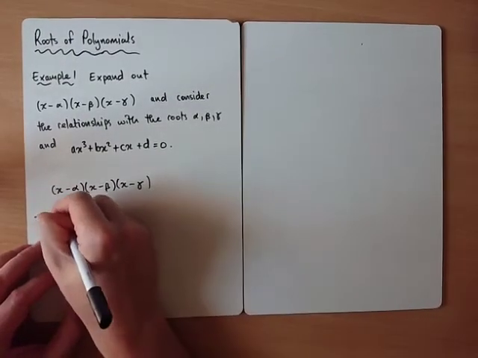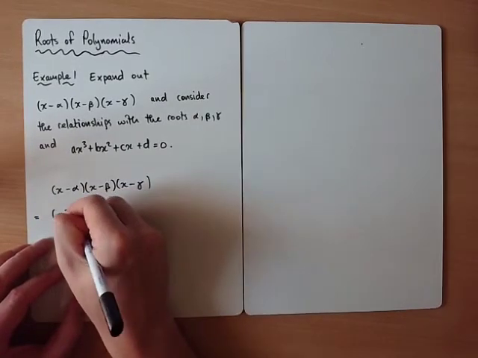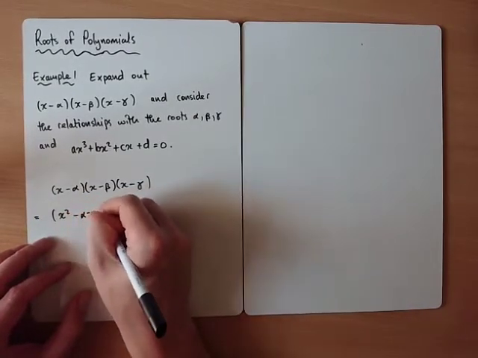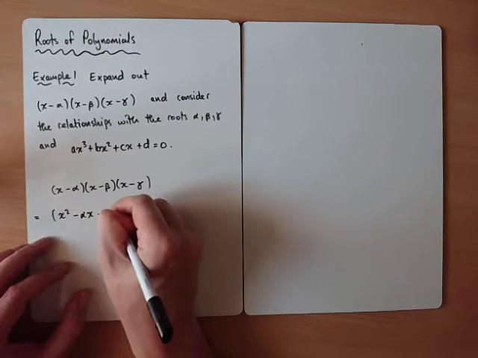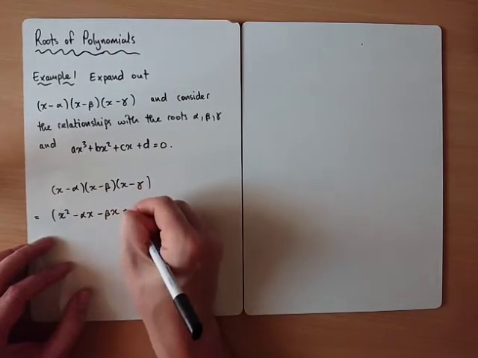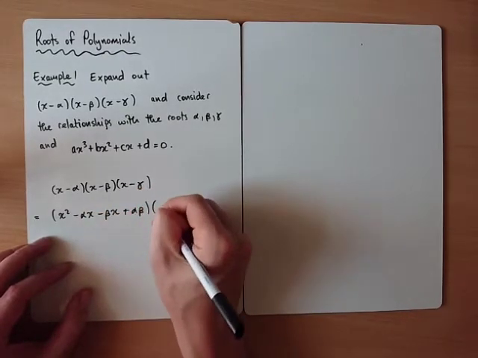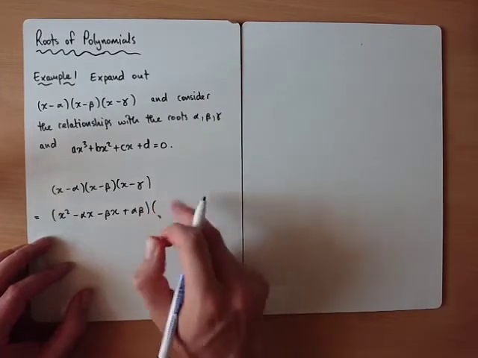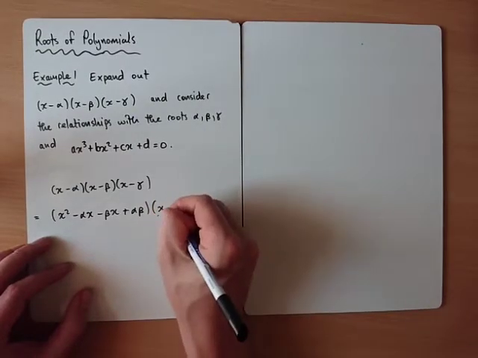So we're going to get x squared minus alpha x minus beta x plus alpha beta, multiply everything by x minus gamma.